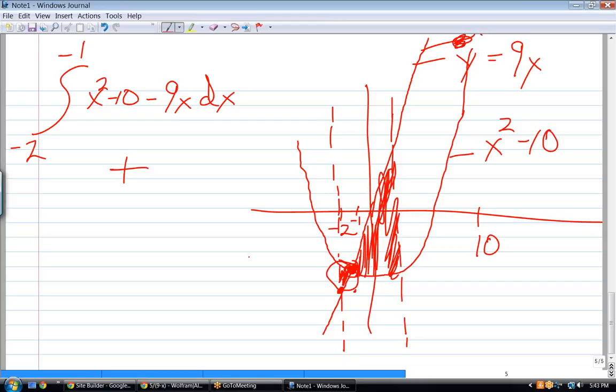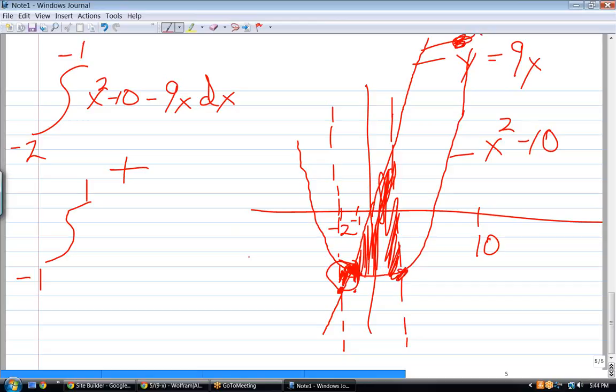Let's see. Okay. Yeah, the final answer is 151/6. What's the next integral limit going to be? The next one will be from minus 1 to what? Minus 1 to 1. Exactly. Because we're going from this point here now to this point here.